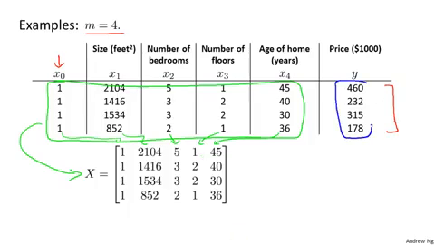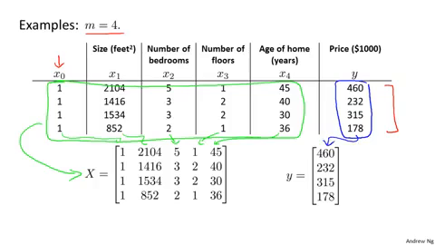So I'm going to take the values I'm trying to predict and construct now a vector, like so, and call that a vector y. So X is going to be an m by n plus 1 dimensional matrix, and y is going to be an m dimensional vector, where m is the number of training examples and n is the number of features. And I have n plus 1 because of this extra feature x0 that I added.